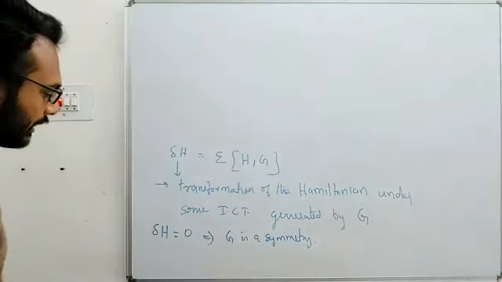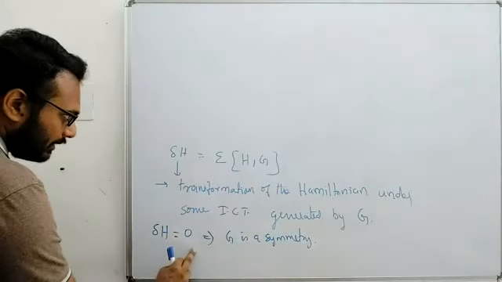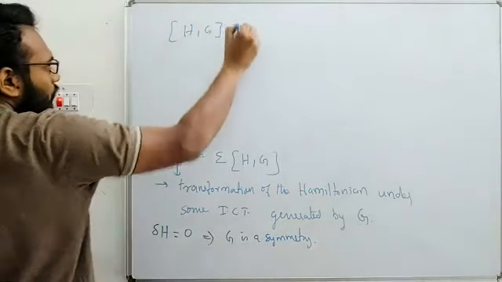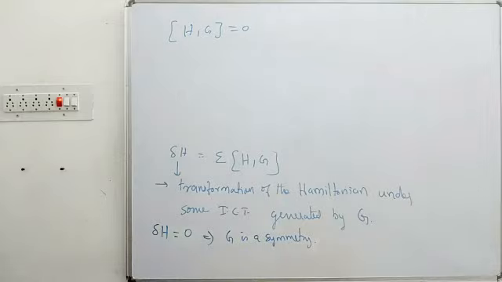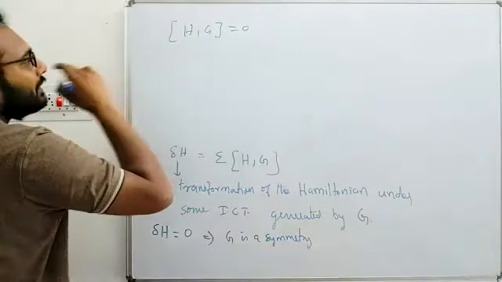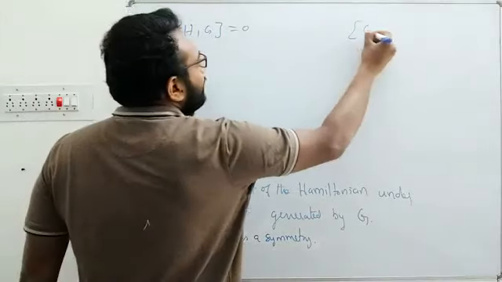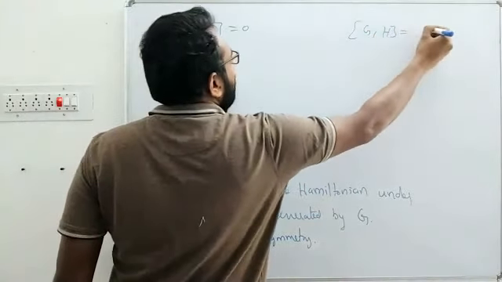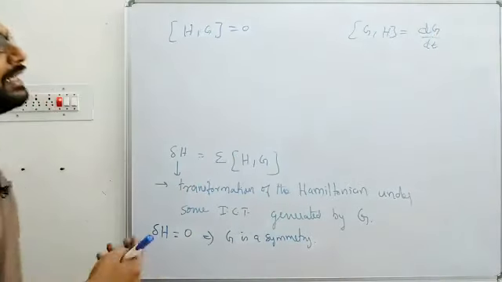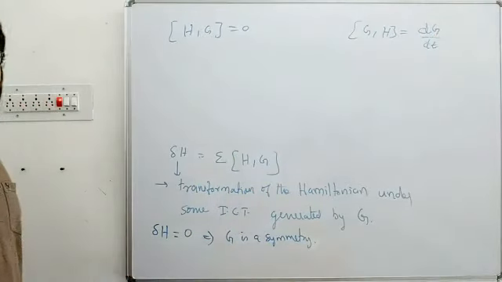So under a symmetry transformation, delta H equals 0, and it should be true that the Poisson bracket of H with G is equal to 0. Now, what is H with G? We already know that G with H is equal to dG by dt, where we are again taking the case where G does not explicitly depend on time.